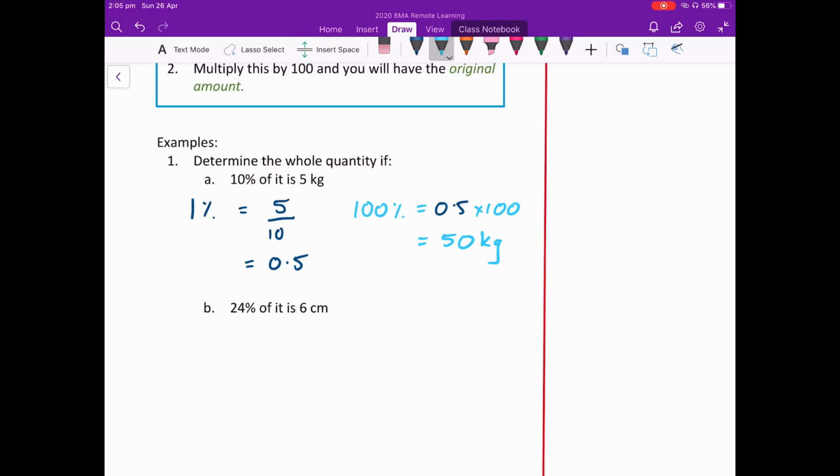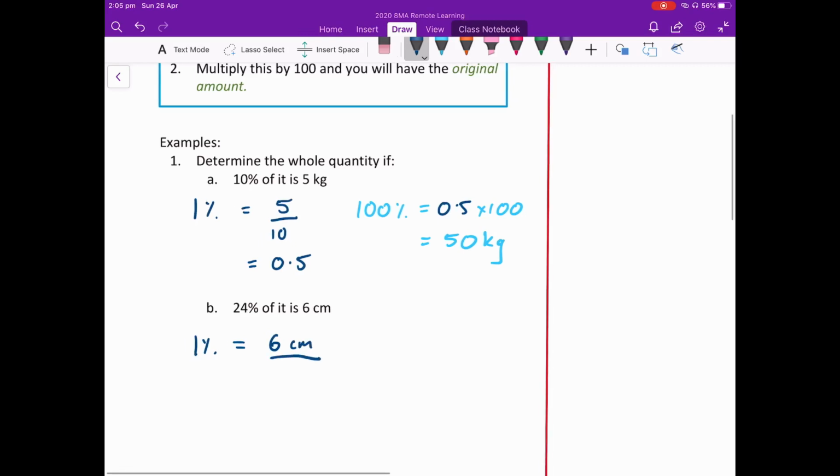So here, 24% of it is 6 centimeters. So we want to find out what 1% is. Now, 1% would be the quantity given, which is 6 centimeters, and we're going to divide it by the percent that it represents. So that would be 24%. You can leave it as is, or you can put it into a decimal like we did before, or simplify the fraction.